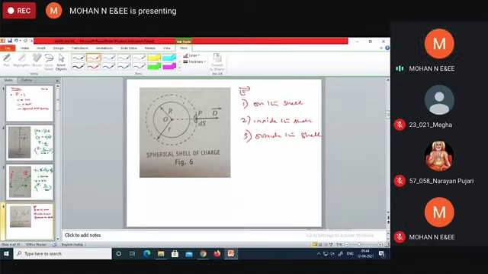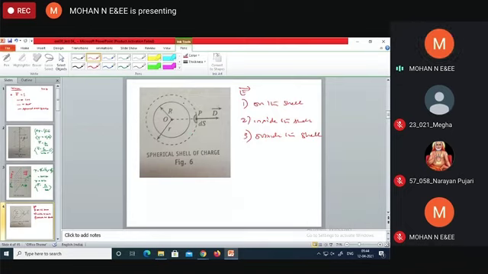Next, what might happen inside the shell? This is the charged shell. We are assuming that the charges are on the outer surface of the shell, and I'm having a point P which is inside the shell. I am interested in finding E at this point. We know that there cannot be any charges inside the charged shell, because a charged shell cannot house any charges.